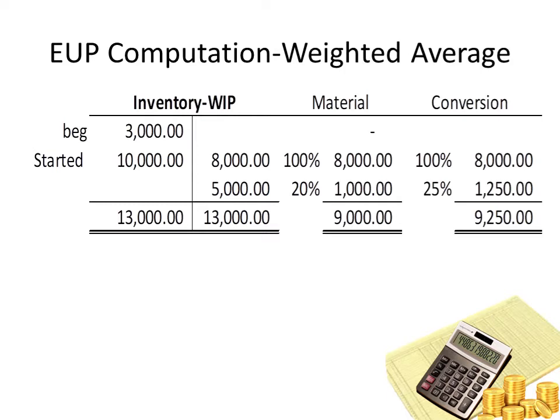So 5,000, it's still 20% because only 20% of the material were added, and 80% would be added back on the next process activity. So we have now 1,000 and then 25%, 1,250. So for our weighted average, our EUP for material is 9,000 and for conversion cost, it's 9,250.